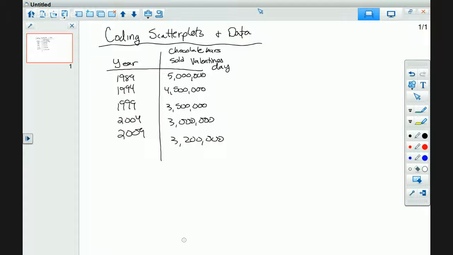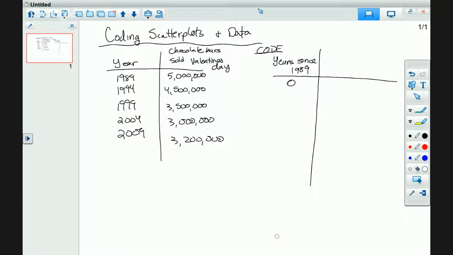Okay, let's make this easier. So let's code the data. A great way to deal with dates for years is years since. And your first one is 0. Well, easier than 1989 to work with, huh?